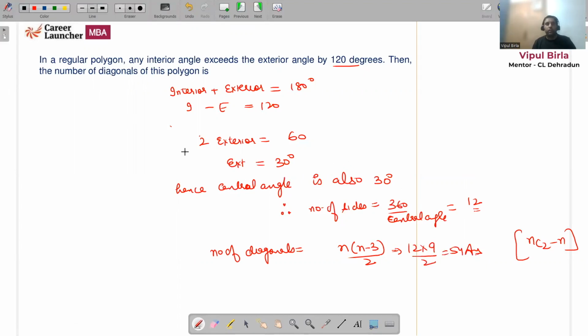We can also do it using the other approach wherein the internal angle is equal to 150 degrees, and then we can identify each internal angle in a regular polygon as the sum of angles divided by n, which gives me the answer as well. So either way we can do this.